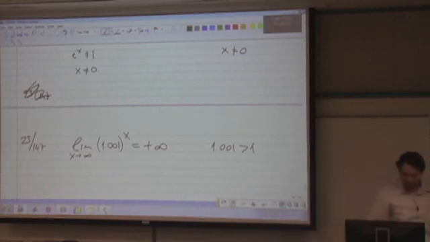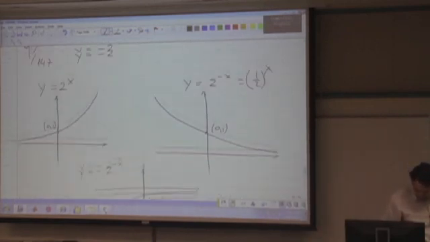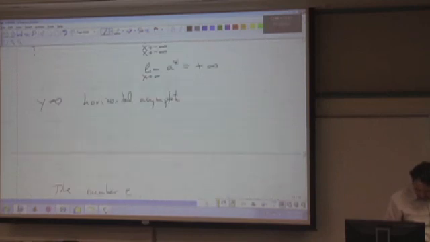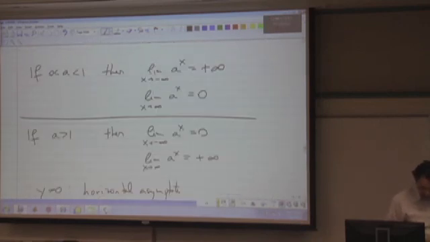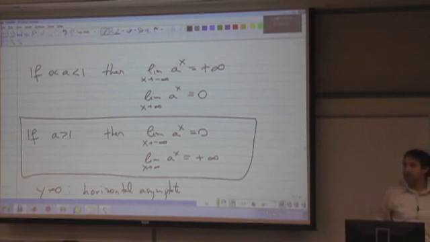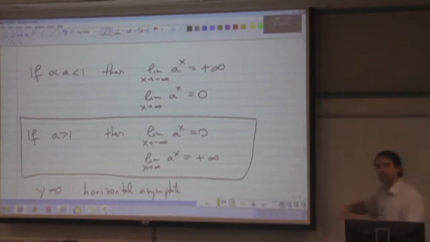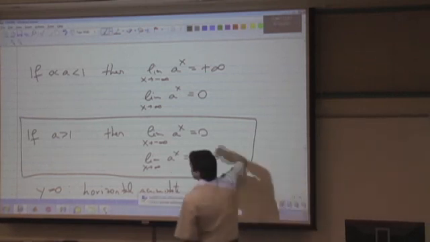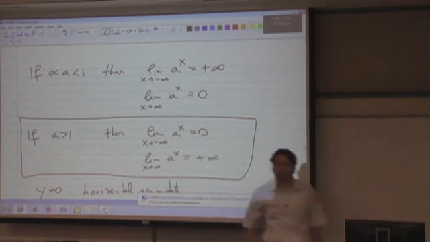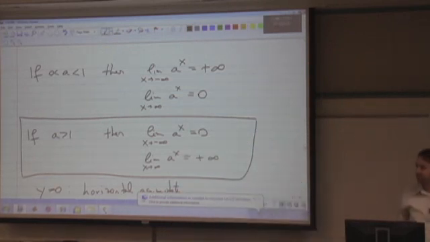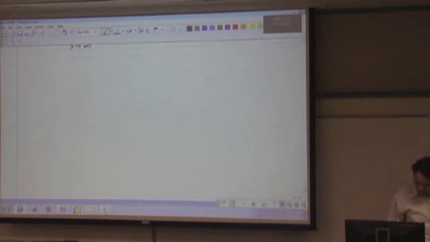Well, because if we come back to what I said above, if a is strictly bigger than 1, the limit goes to infinity. If a is bigger than 1, your graph looks like that. Make sense? Alright, wonderful.